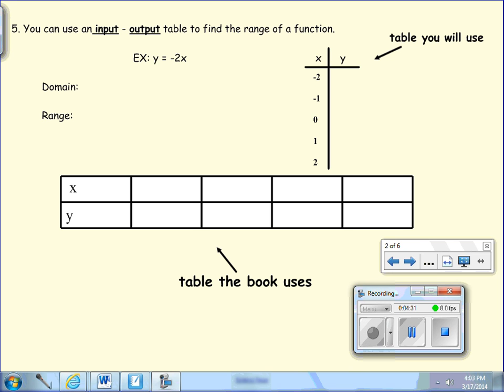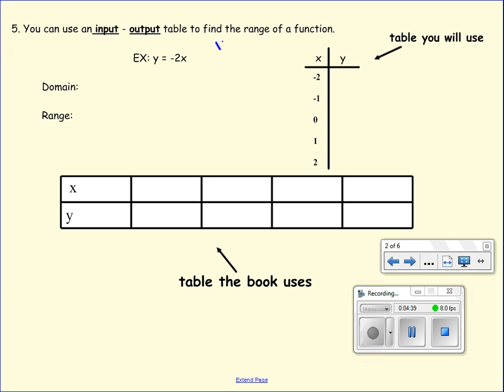So what we will do is plug in -2 where the x is. So in our first example, we have y is equal to -2 times -2. -2 times -2 is 4, so y will equal 4. So when x is -2, y is 4.